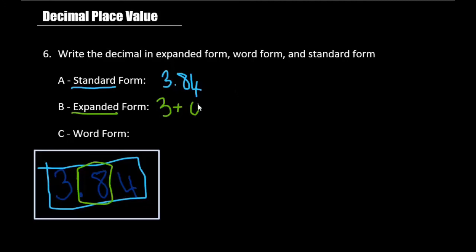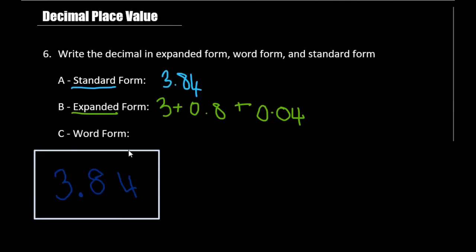So 3 plus 0.8 plus, we take away the 8, we pretend like the 8's not there, and we pretend it's a 0, and there's no number there, and the value is nothing. So our 4 would be 0.04. So expanded form would basically be 3 plus 0.8 plus 0.04.